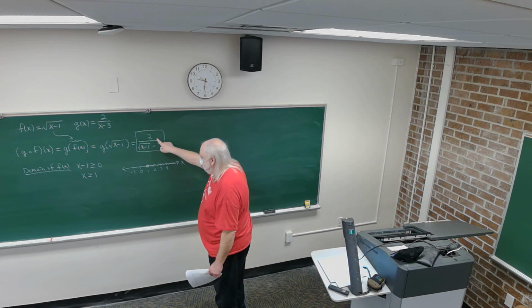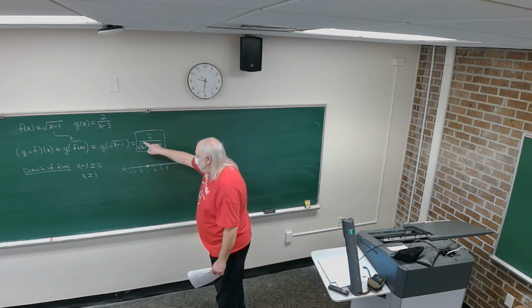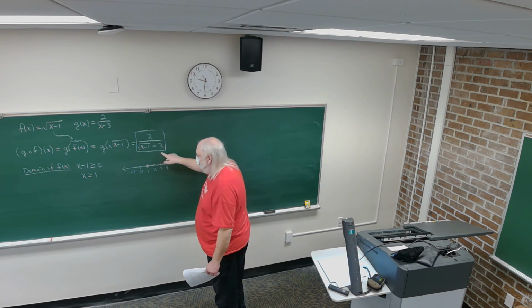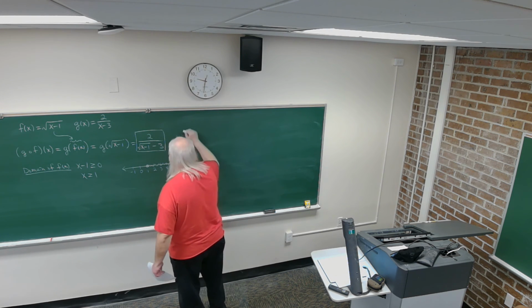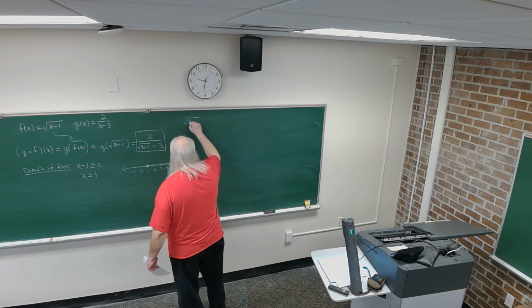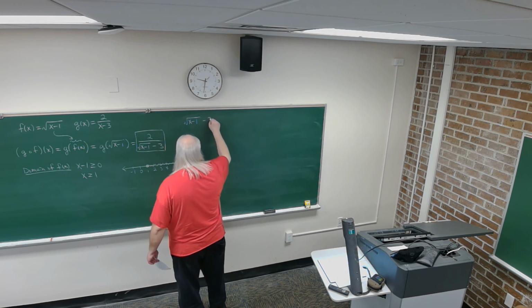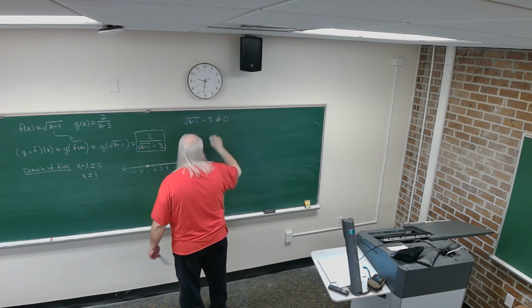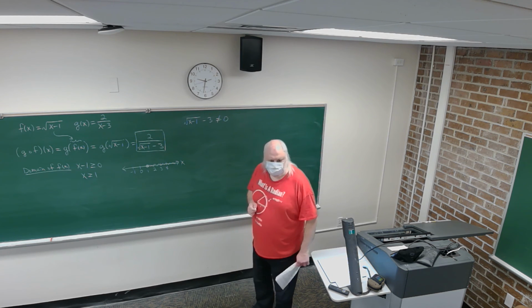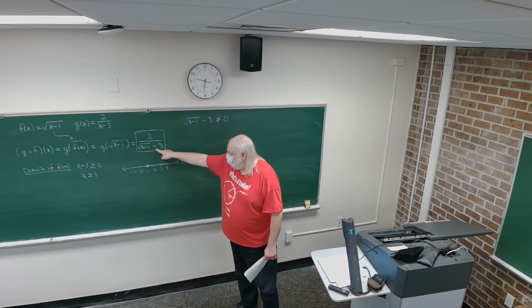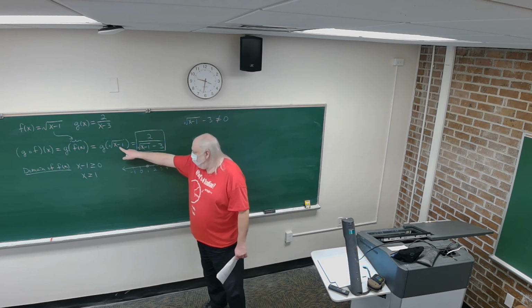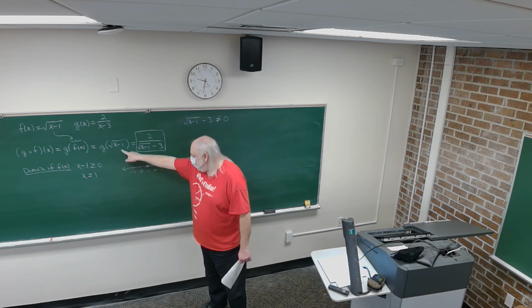So here's the composite function. The second restriction on the domain of this composite function is that the denominator can't equal 0. So we have the square root of x minus 1, minus 3, can't equal 0. The first restriction is that x minus 1 under the square root has to be greater than or equal to 0.